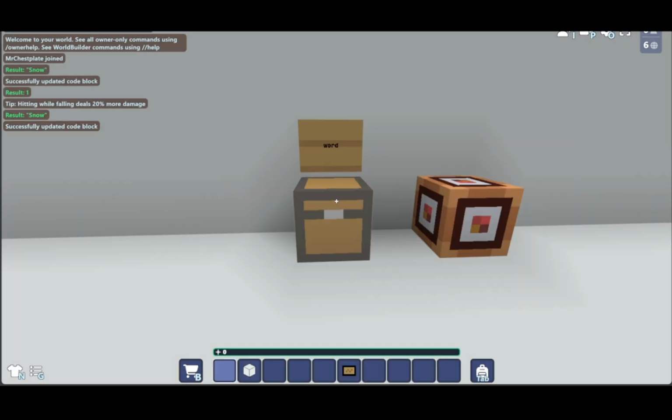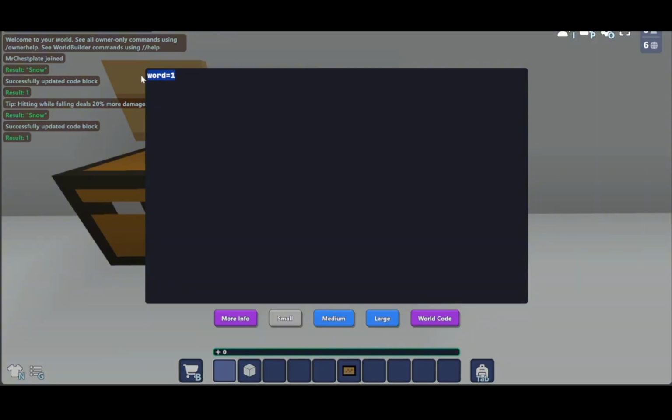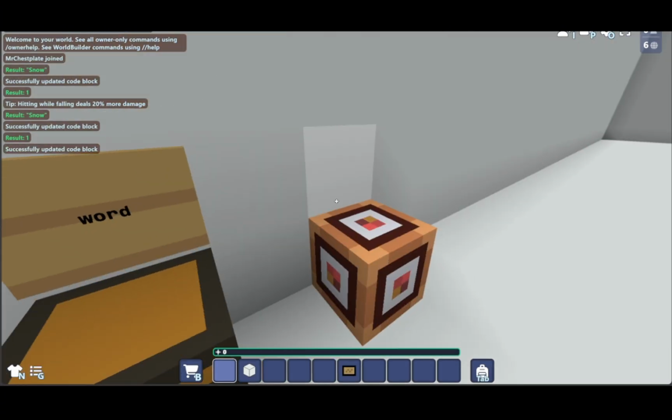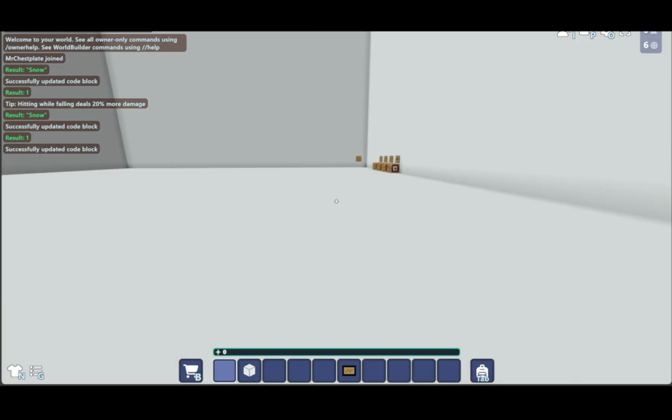Then it will be the equivalent of word equals 1. Note that there aren't any quotation marks, because quotation marks only stand for the word type like snow.